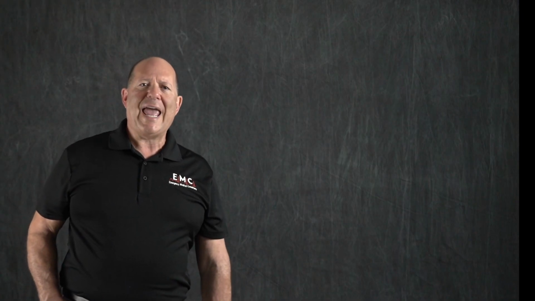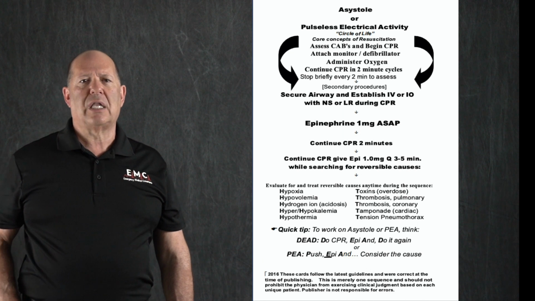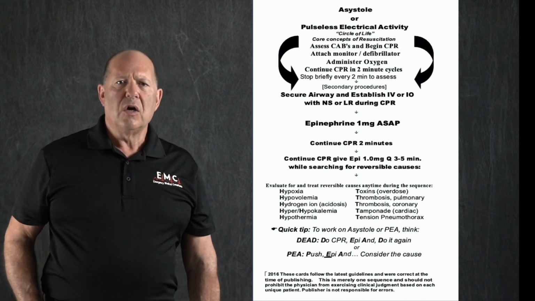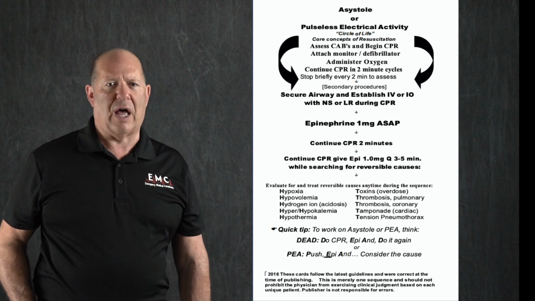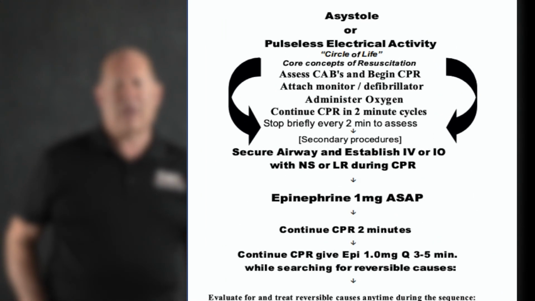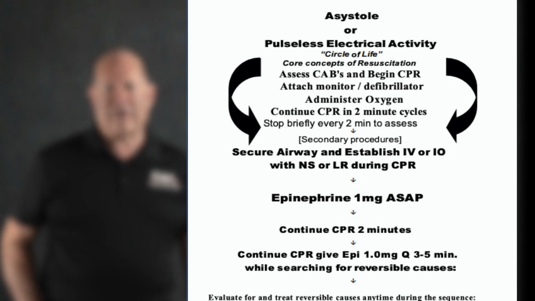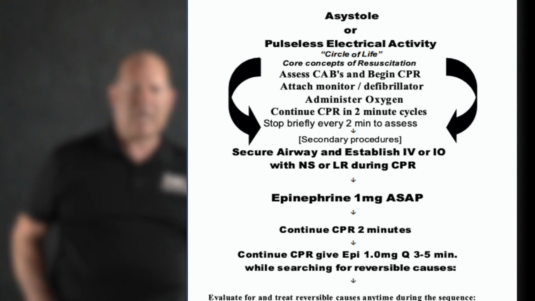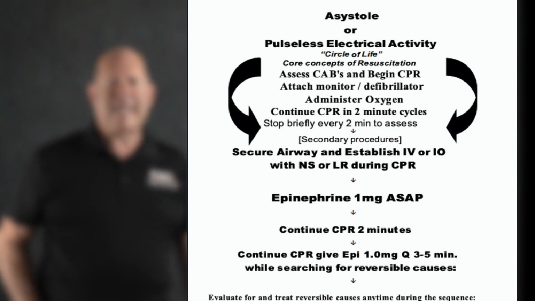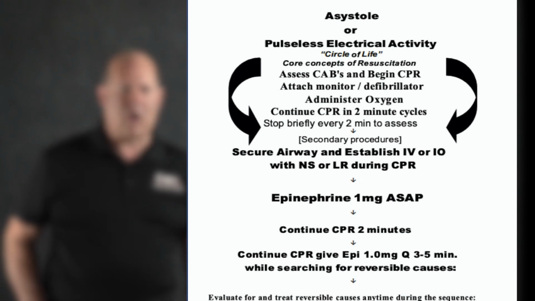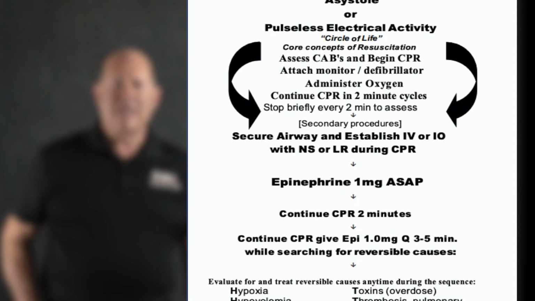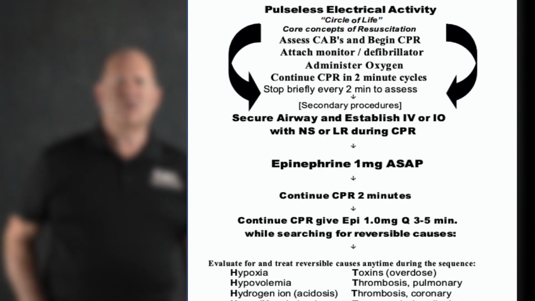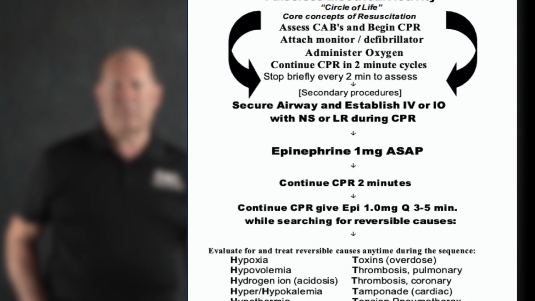So if we look at the asystole or pulseless electrical activity algorithm, we see that the initial algorithm starts off the same with what we call the circle of life. Good CPR, applying the monitor, make sure you're ventilating them appropriately, managing basic airway appropriately, get the heart monitor and pads on, and in this case, when the patient does not have a shockable rhythm, the next sequence is to administer epinephrine as early on as possible.